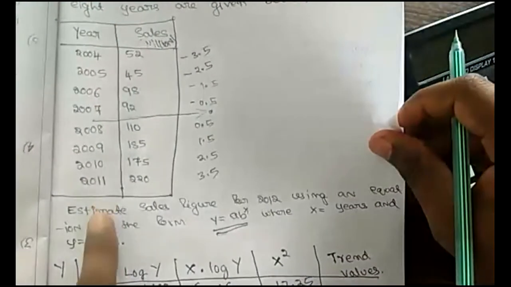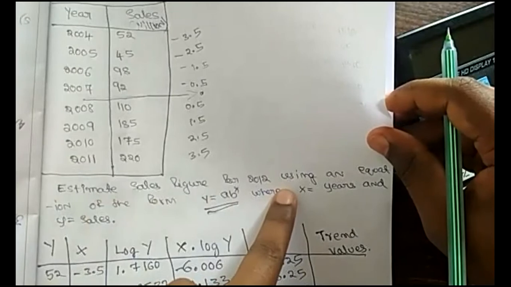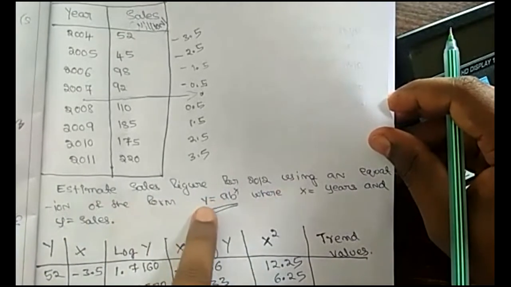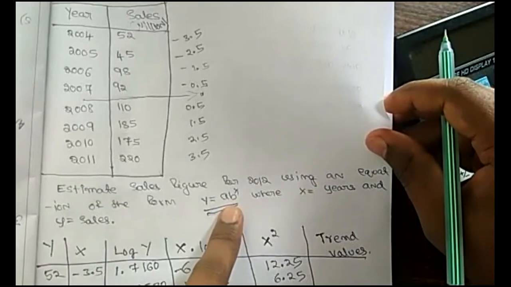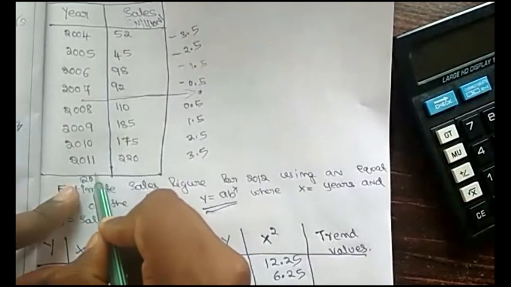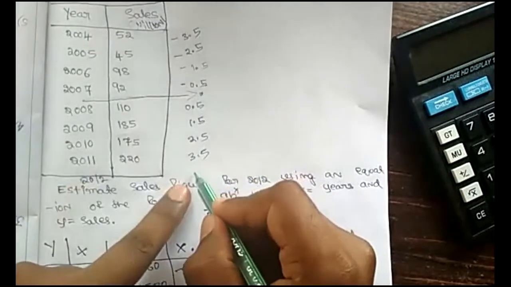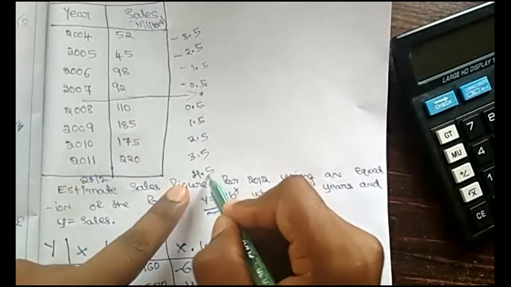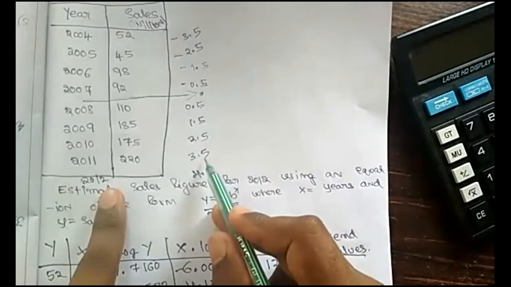Now use equation and estimate the value for 2012. Estimate sales figure for 2012 using an equation of the form y is equal to a b to the power x. So for 2011, the value of x is 3.5.